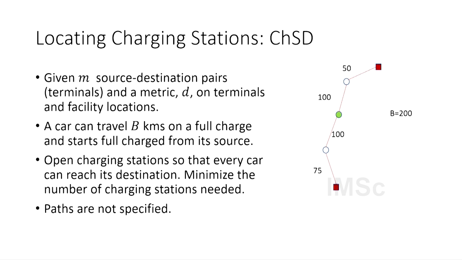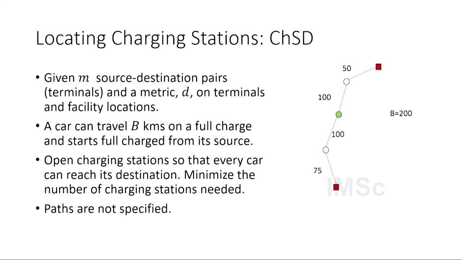I have an electric vehicle, I work at IMSC, I live wherever, and I need to be able to go every day from home to work. For now, I'm assuming I can take any path whatsoever. I just want to be able to reach home. And my vehicle has a certain charge capacity, and I should be able to drive in such a manner that I never run out of charge.